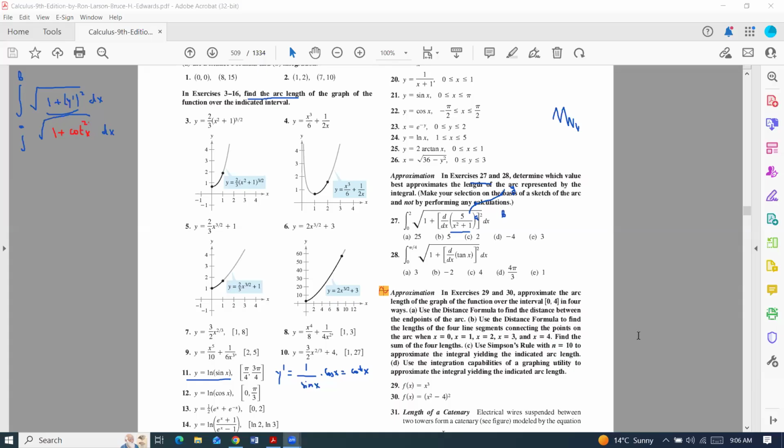Now I need to take a look at either the formula sheet, or we can try to, maybe why don't I look at the formula sheet? So that's page 509. So I'll go to the front and see how you could get 1 plus cotangent of x worked out. Right?